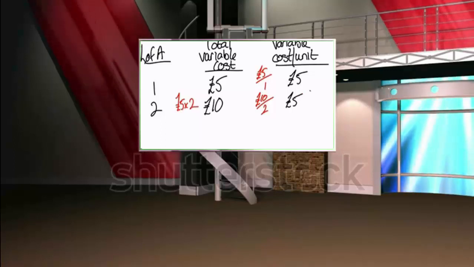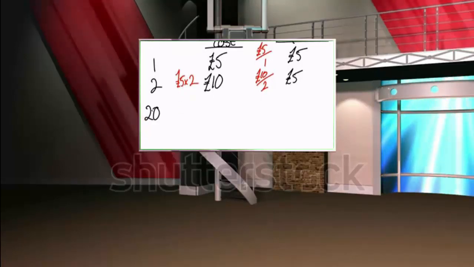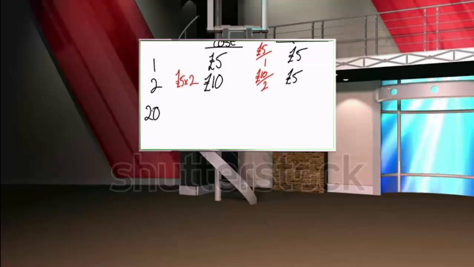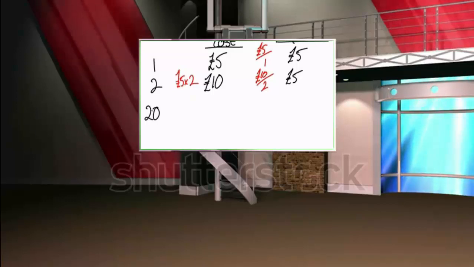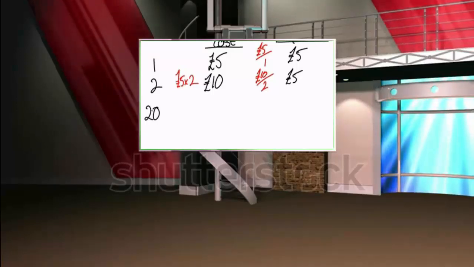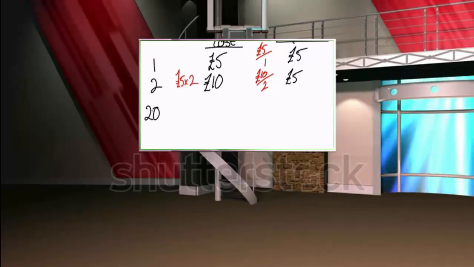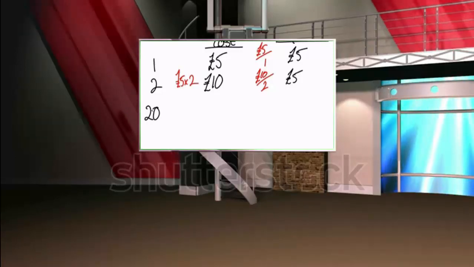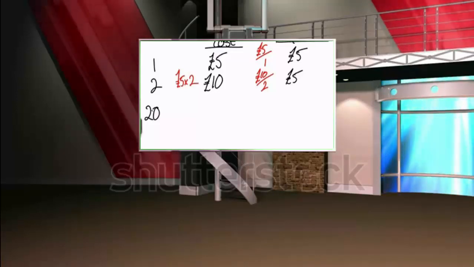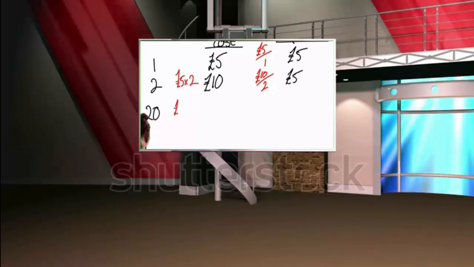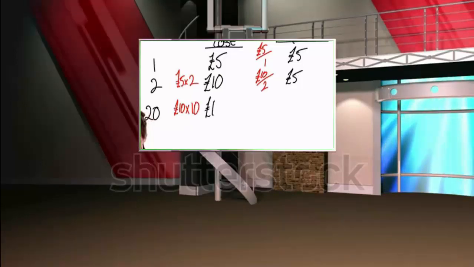Let's increase our level of activity again. This time we're going to say our level of activity might go up to 20 units. If our level of activity goes up to 20, what will our total variable cost be? Well, if we've gone from a level of activity of 2 units to 20 units, then we've multiplied our activity level by 10. So our total variable costs will also multiply by 10. So now our total variable costs will be 10 by 10, so 100.